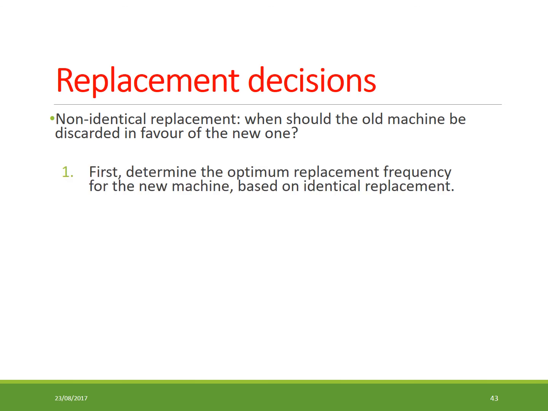So the steps to work out when's the optimal time to replace an old machine with a new machine is as follows. So first we determine the optimal replacement frequency for the new machine based on identical replacement, right? So we want to choose the best time to replace the machine.